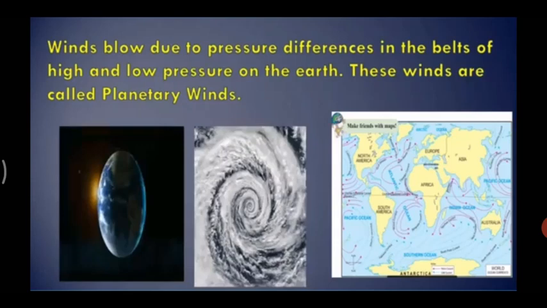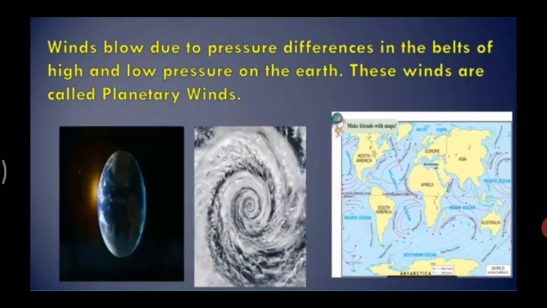The equatorial region receives perpendicular rays and the polar regions receive slant rays. This differential heating creates an imbalance in the temperature of the air in different parts. This leads to the formation of belts, right? We learned about the high pressure belt and low pressure belt. It leads to high and low pressure belts on the earth.